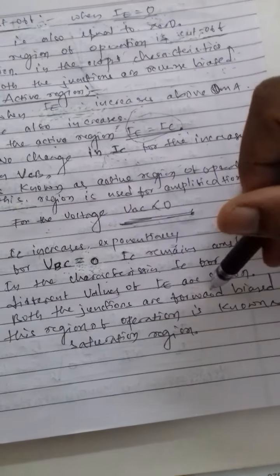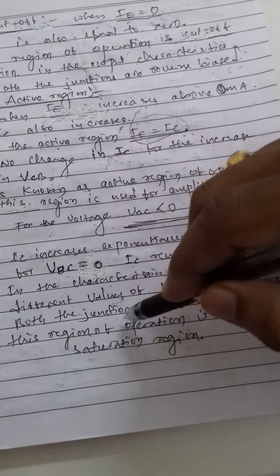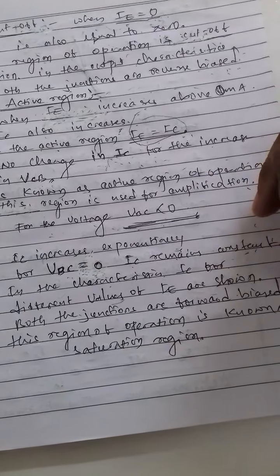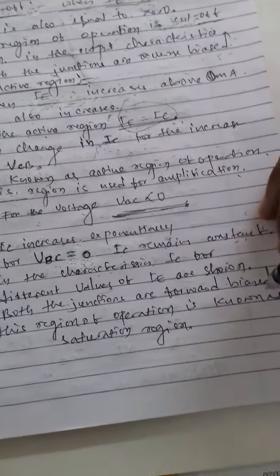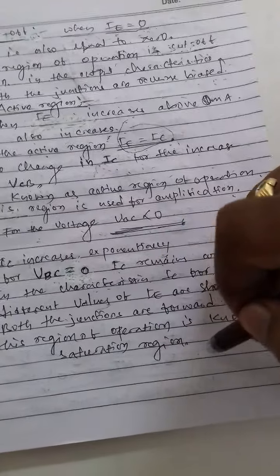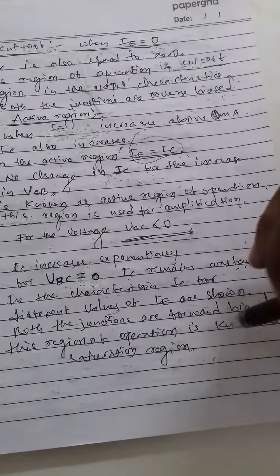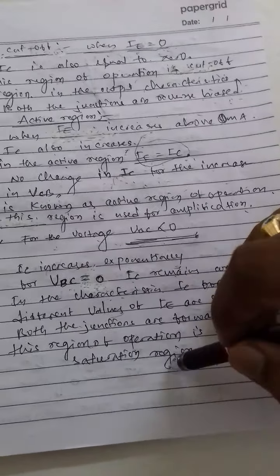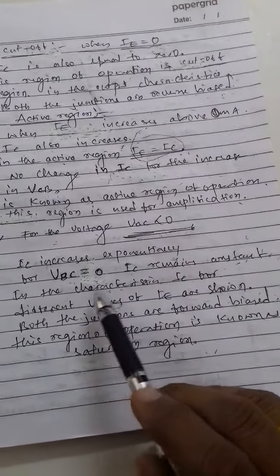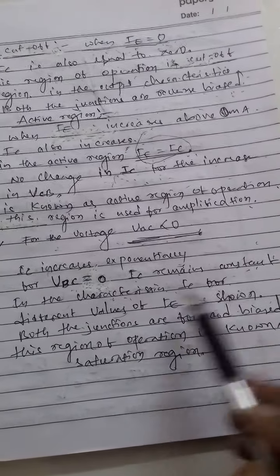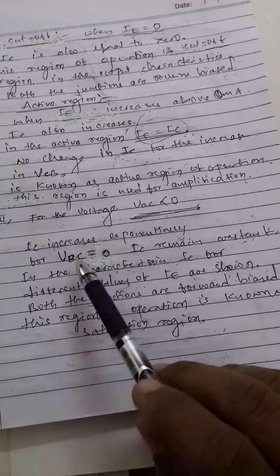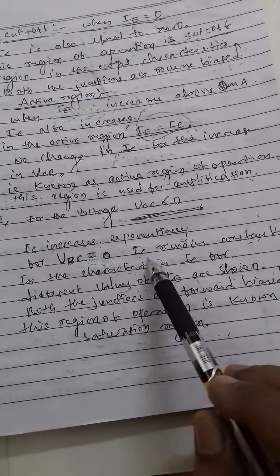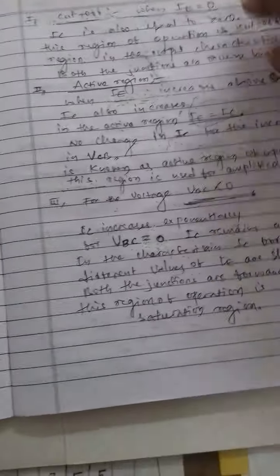Both the junctions are forward biased for the transistor in the saturation region. This region of operation is known as the saturation region.